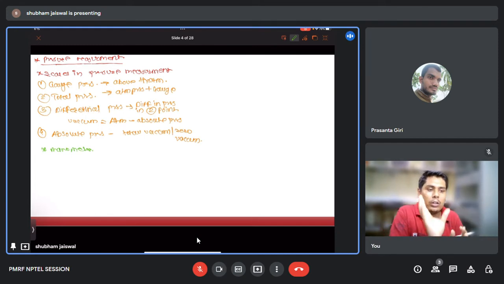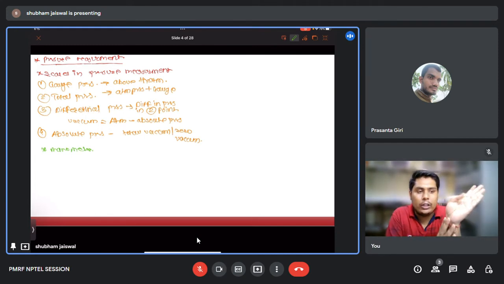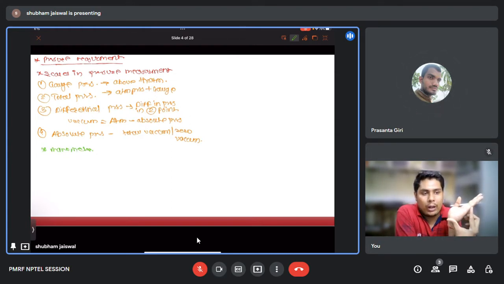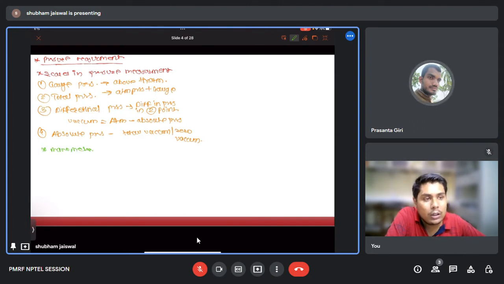Like this is the manometer, and here we are getting the inclination at some angle. So the scale will be larger, and we will get more markings in the same area. That's why we will get a higher accuracy in the case of the inclined manometer. So depending on the application, we use the most accurate one.